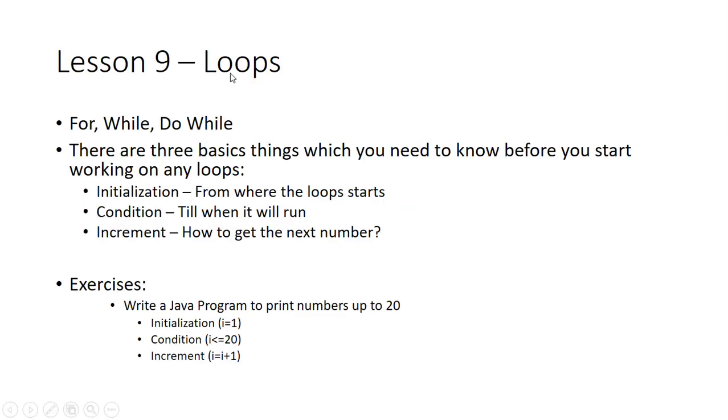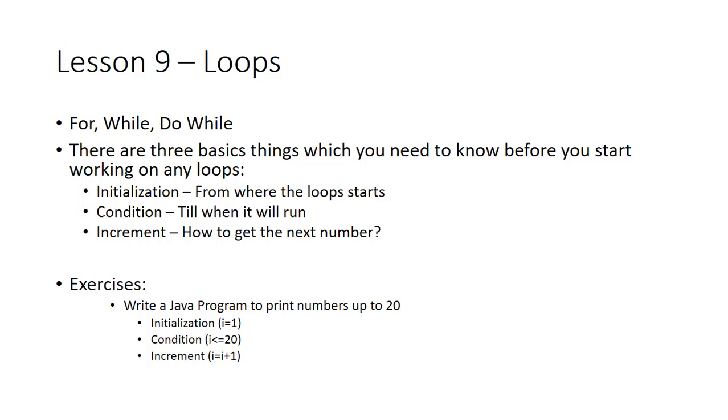Now there are three loops: for, while, and do while. They do the same thing, right? As in, there are three basic things which you should think about if you want to work with loops, which is initialization, condition, and increment. Initialization is from where your loop starts. That means if you are writing a program to print numbers up to 20, your loop starts from 1.